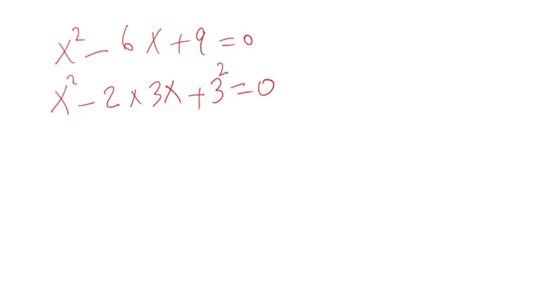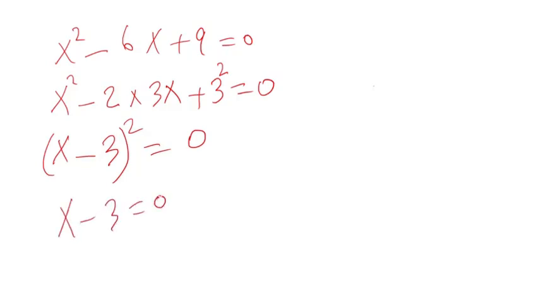Notice this is a remarkable identity which I would recommend watching. So you can see now I can write this as x minus 3 quantity squared equal to 0. If this quantity squared equals 0, it just means what's in parentheses equals 0. That means x minus 3 is equal to 0. That means x is equal to 3.